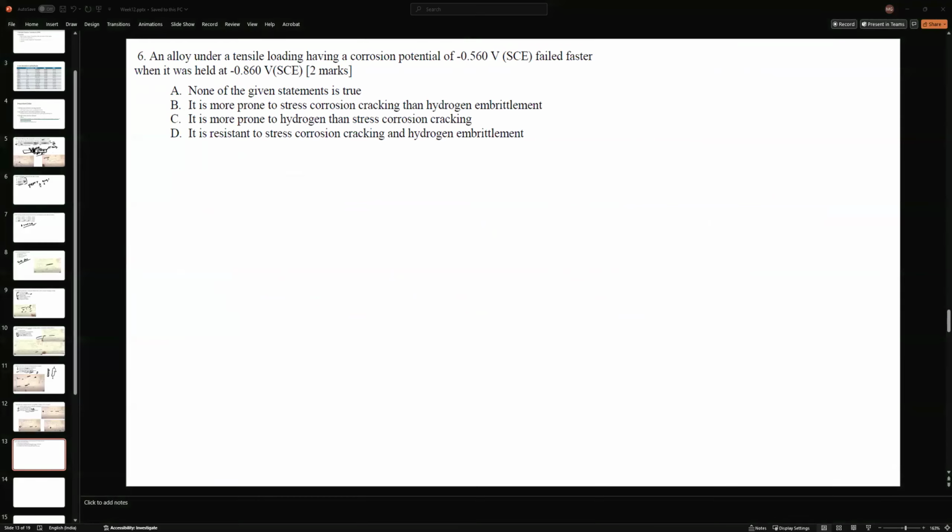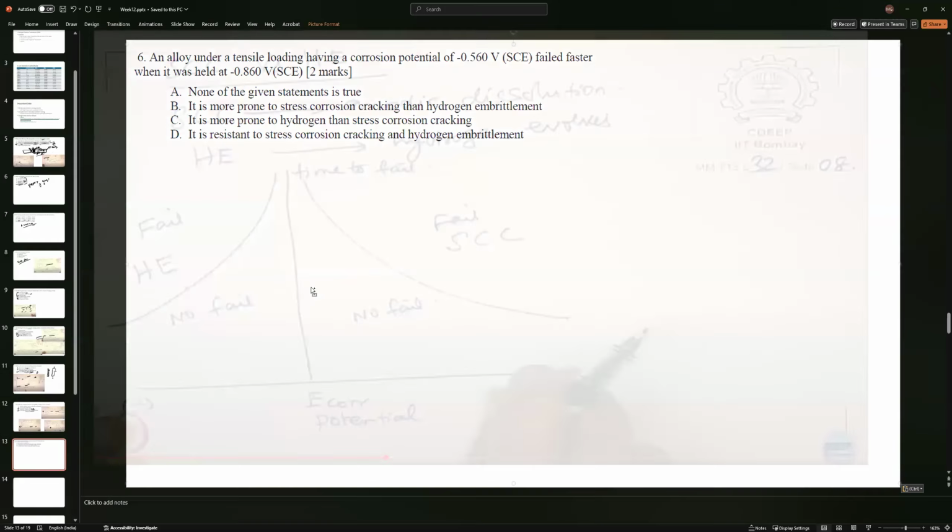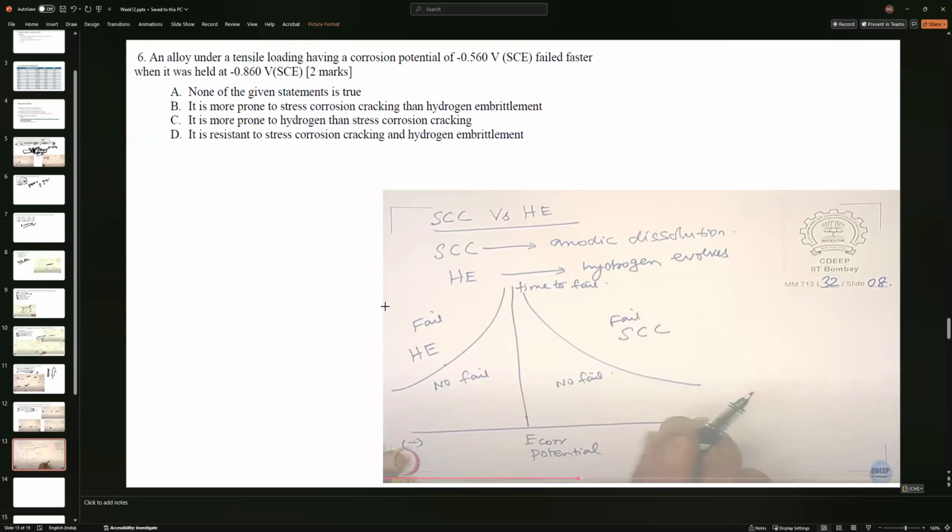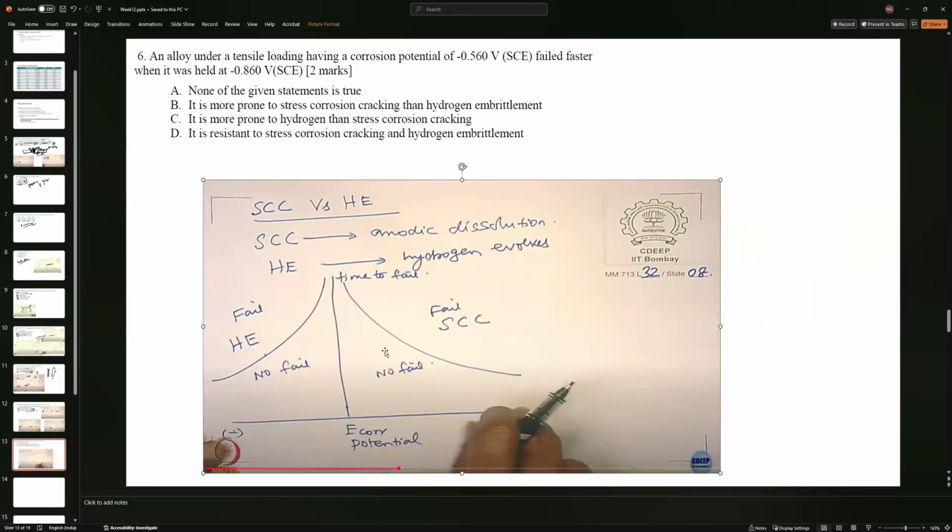Potential versus time. If you have your equilibrium potential at some point and go to the positive side, there will be a region where you won't have SCC, but if you go even beyond that, you enter the SCC region. If you go toward the negative side, it fails faster.